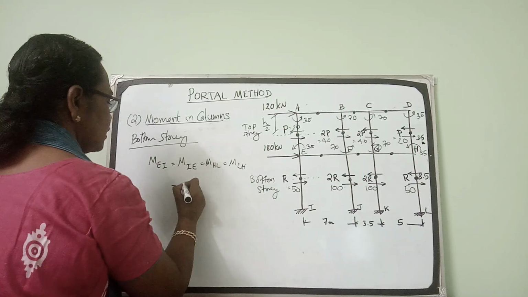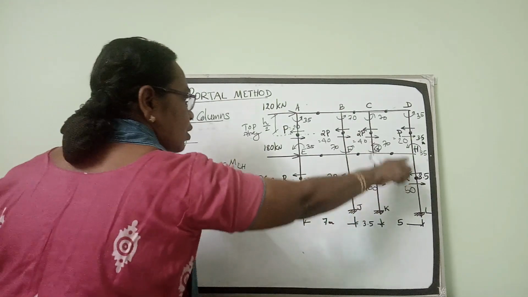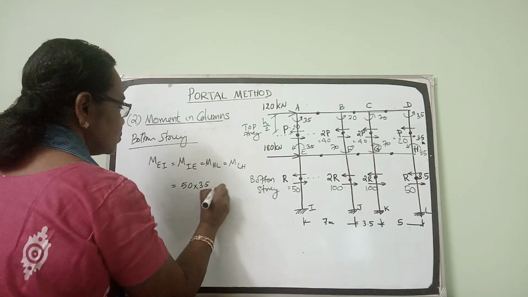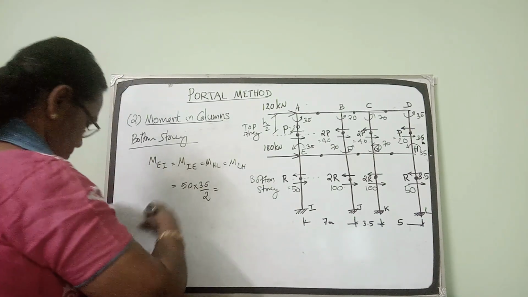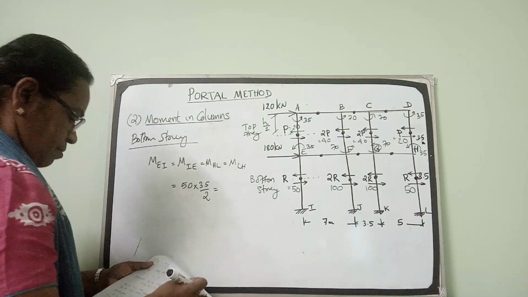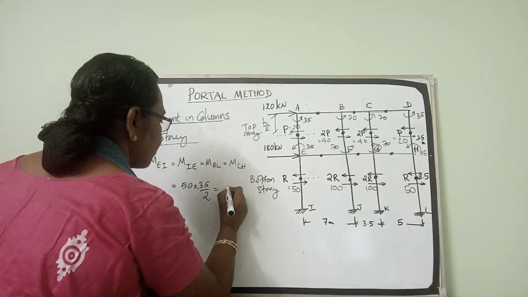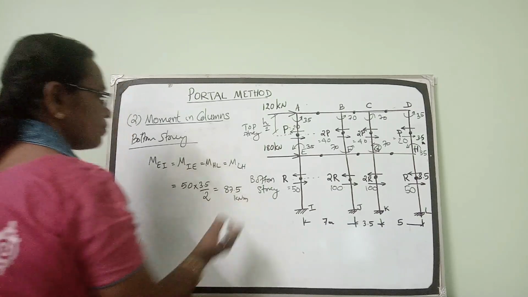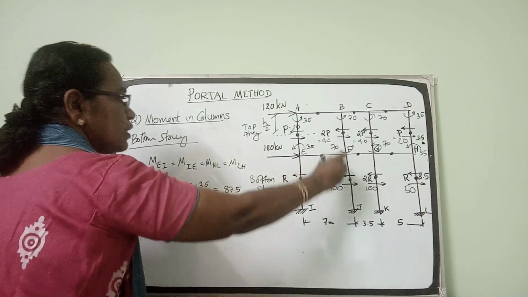It is 50 into the height of the column, which is also 3.5, so the height of the column by 2. So it will be 87.5 kilonewton meter.